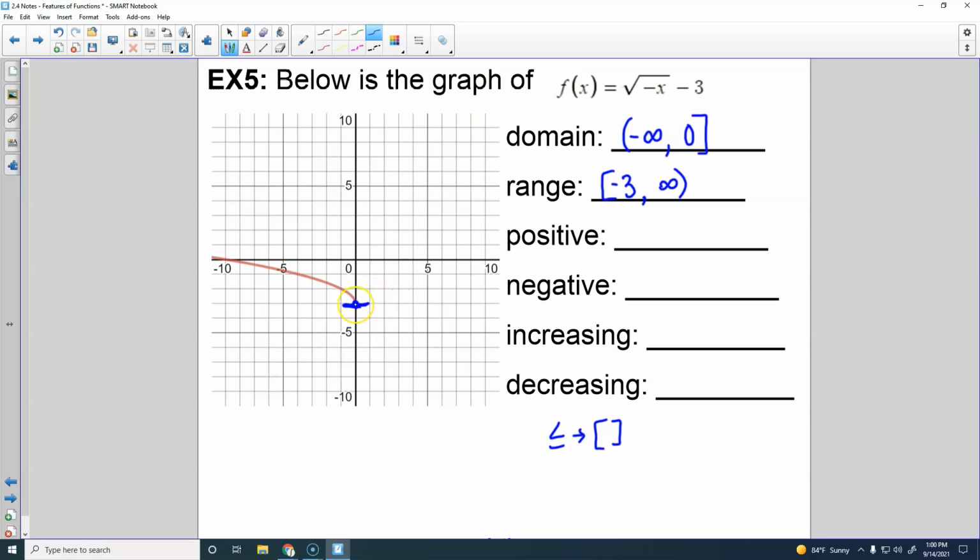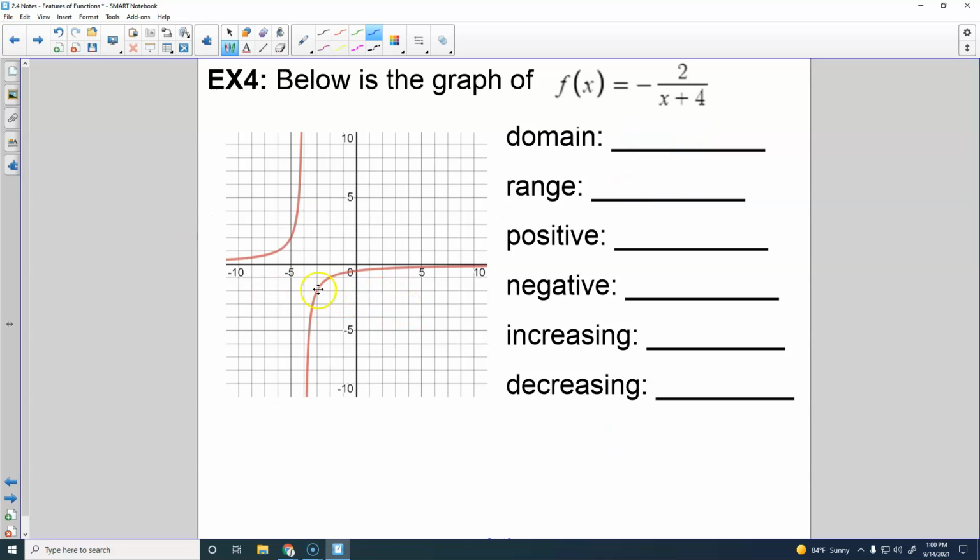With the square root functions, there is a dot right here that's colored in that we are including in that graph. In the ones where we have vertical asymptotes, we do not include that point. So another good way to think of it: if it's a dot like the square root, use a bracket. If it's the vertical asymptote, use a parentheses.